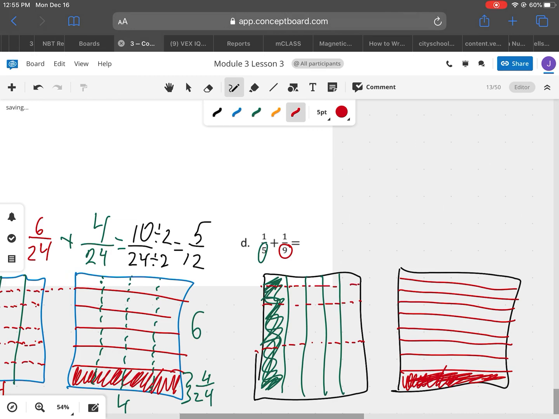There's my thirds, and I'm going to cut my thirds into thirds. Okay, 1, 2, 3, 4, 5, 6, 7, 8, 9. So I have 9 going this way, and I have 5 going this way. So I have a total of 45. Okay, and I had 9 shaded in here.